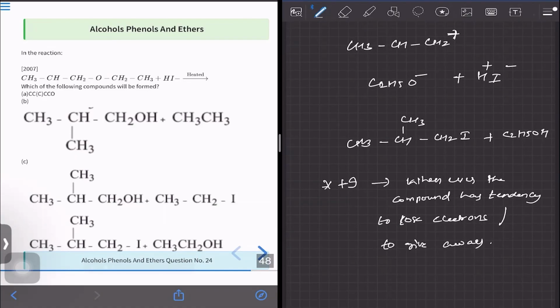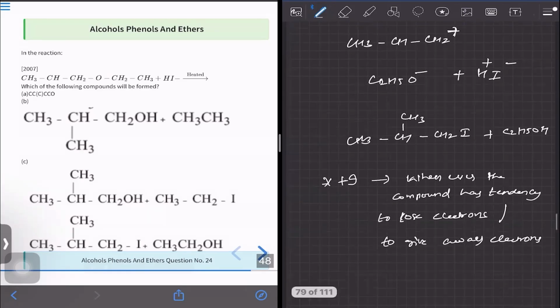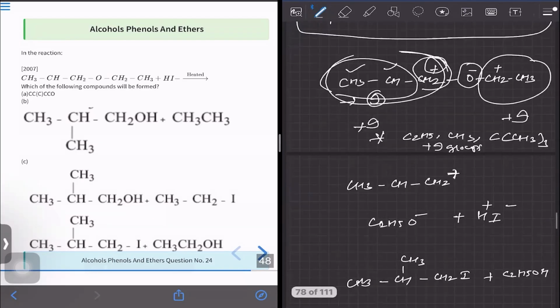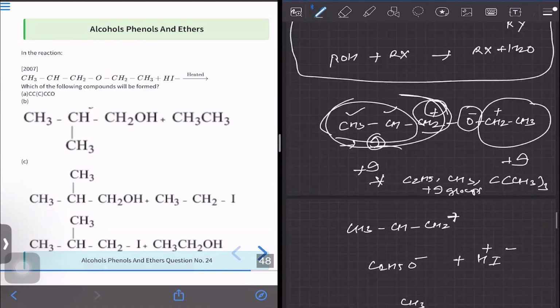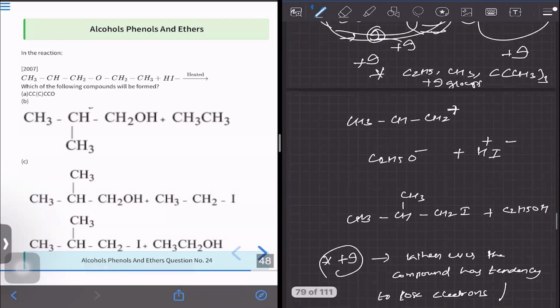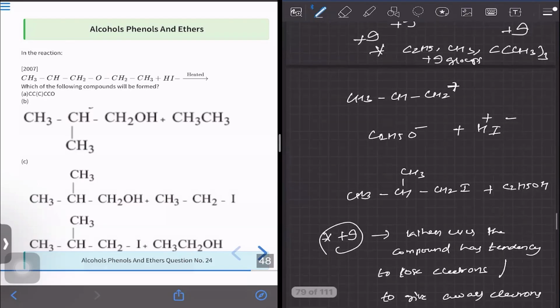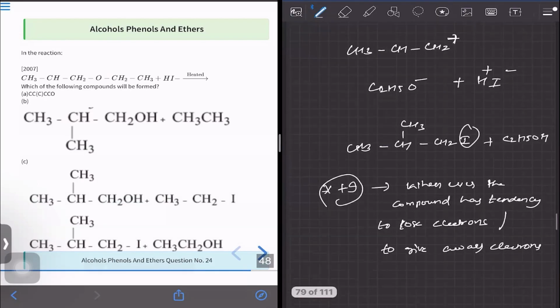Giving away electrons is known as the positive inductive effect. So it exhibits the positive inductive effect. It has more plus side as compared to this side. So here the positive charge on this carbon is more stable. So it is where iodine is attached, and this is where C2H5OH. It is option D.